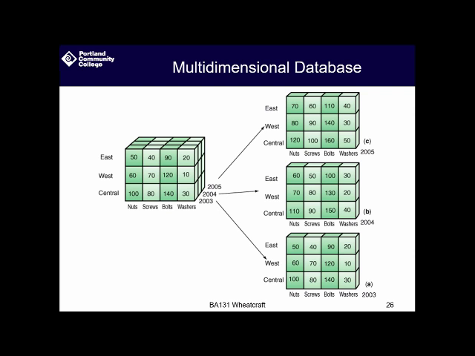It's hard to visually picture, but the idea is that it allows us to easily look at what happened in 2005 or what happened in 2003. Or we can look at specifics. We can go this way, like what happened in the central region with washers across those 3 years.